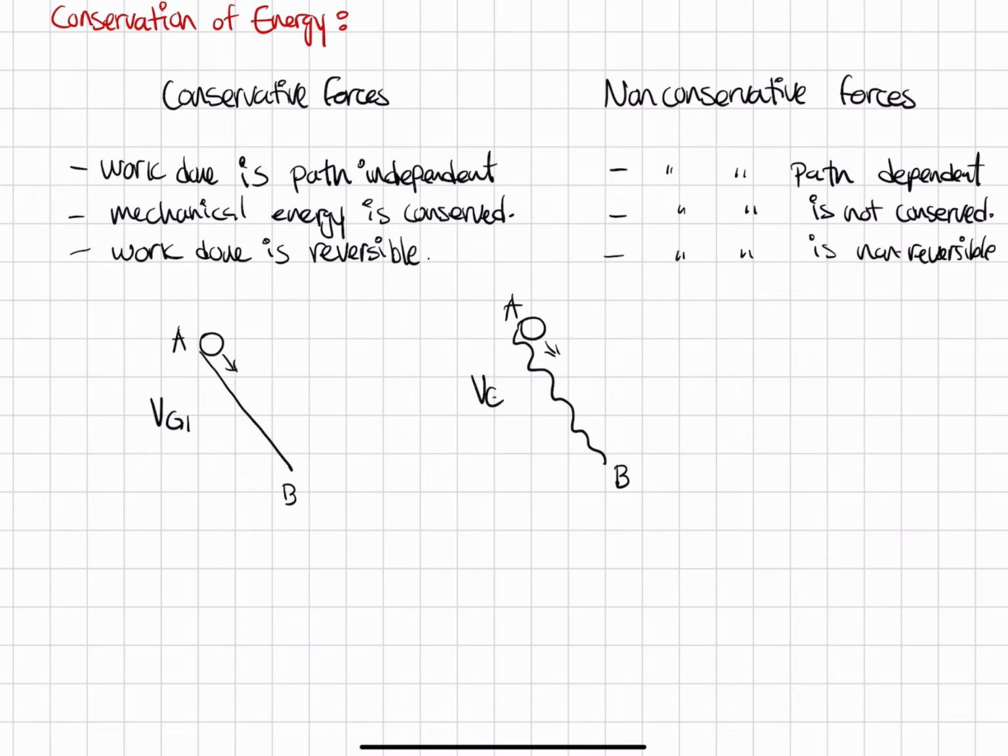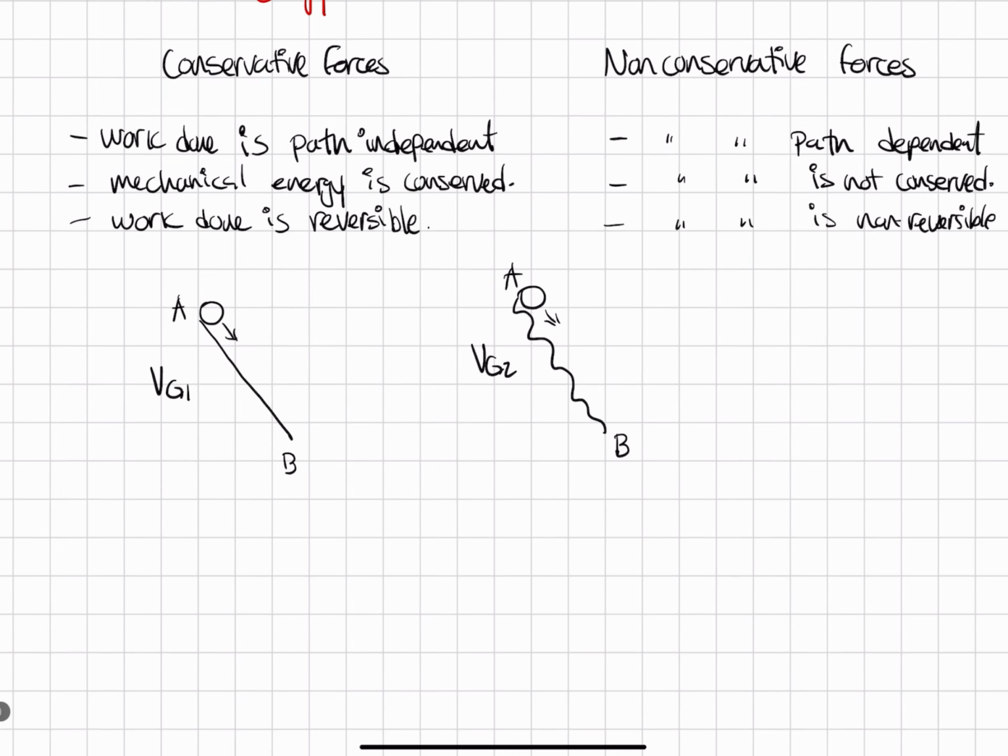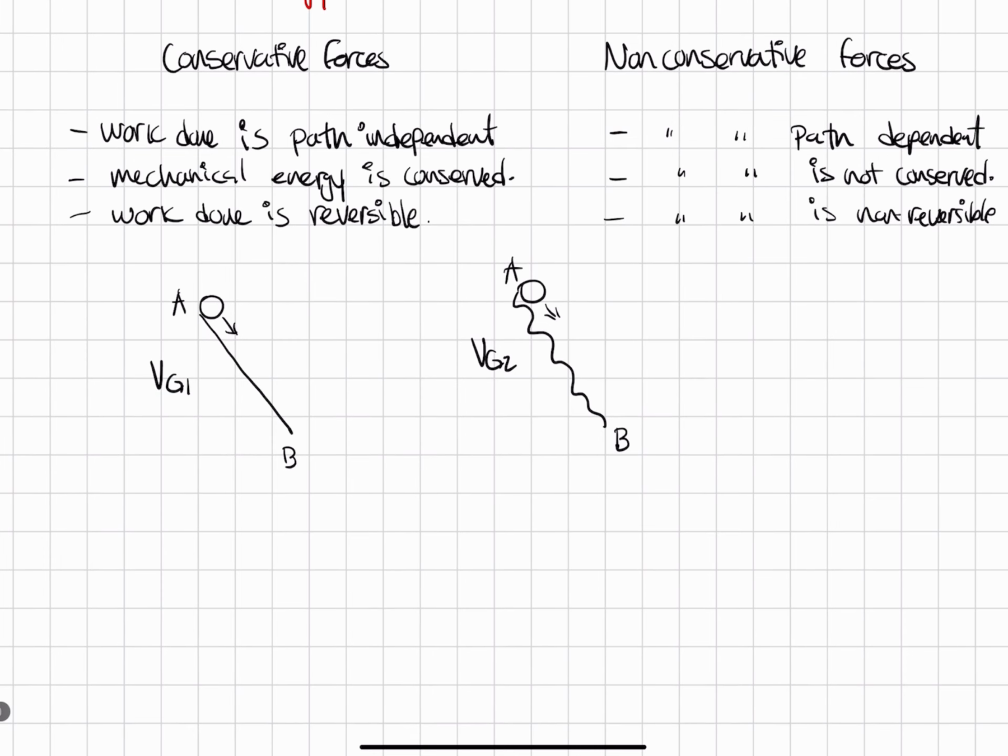This is VG2. So gravitational potential energy in this case is conservative. It's a conservative type of work because it's path independent. So VG1 is equal to VG2.